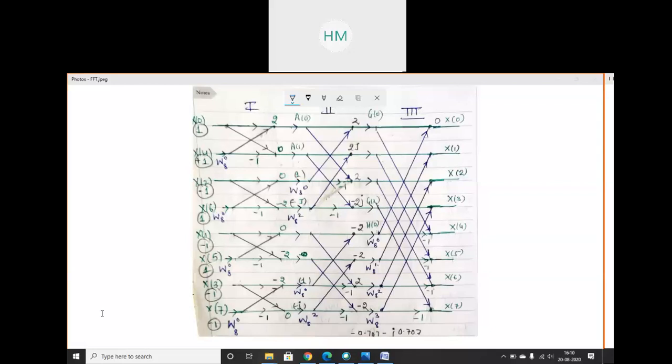Okay, students, what is the value of x of 1? Why are you taking so much time? Calculate and write the answer.